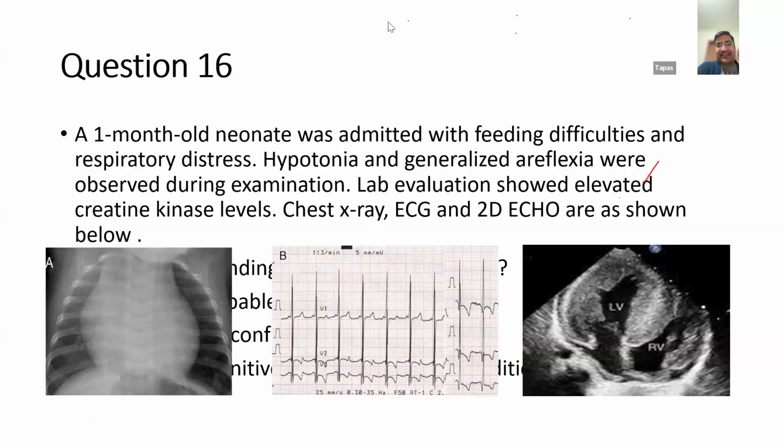Tell the X-ray features, and then the ECG and the echo features one by one. Cardiomegaly. What about the ECG? And what about the echo?